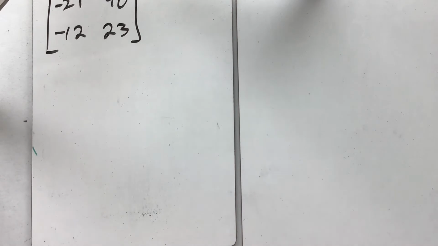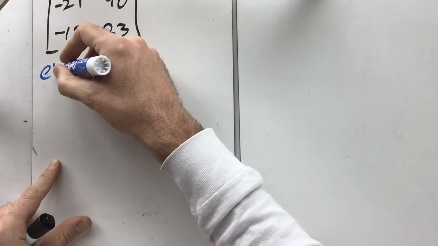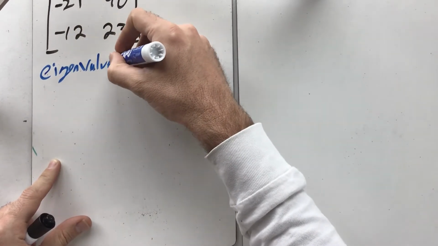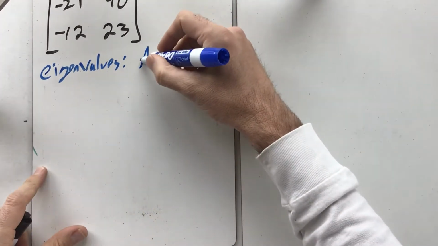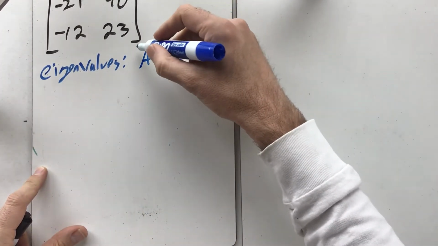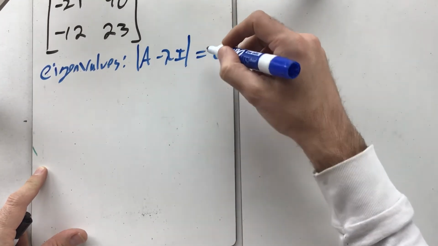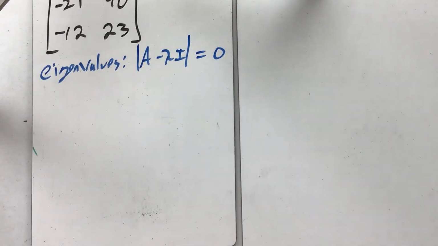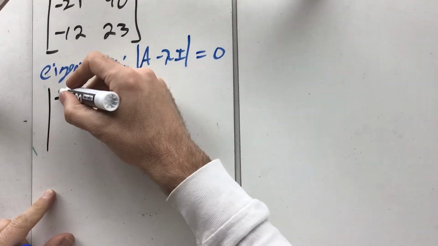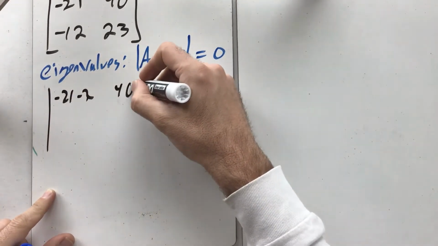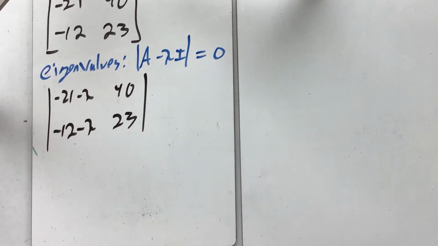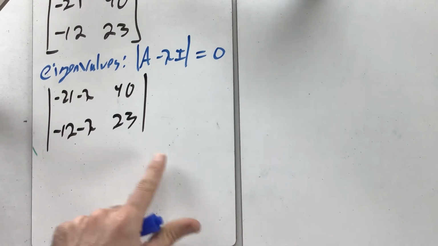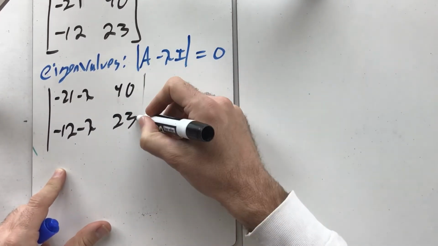Well, okay, to find the eigenvalues, we did this last time. We take A minus lambda I, take the determinant of it, and set that equal to 0. So we need the determinant of negative 21 minus lambda, 40, negative 12, and 23 minus lambda.